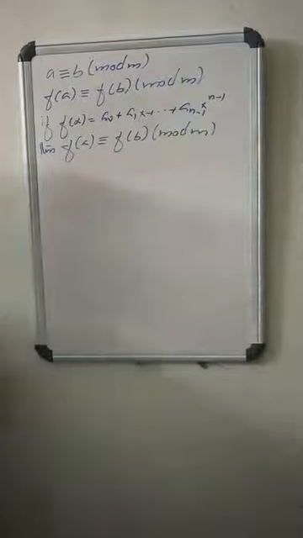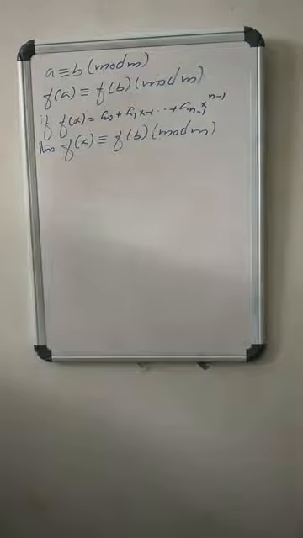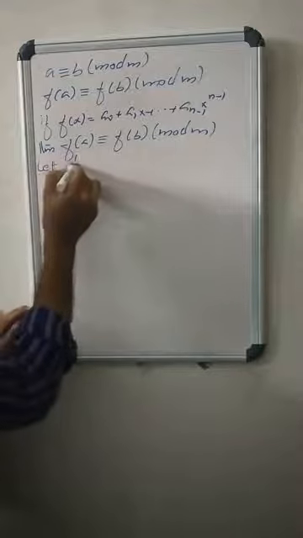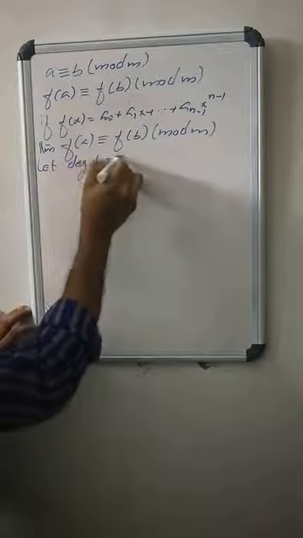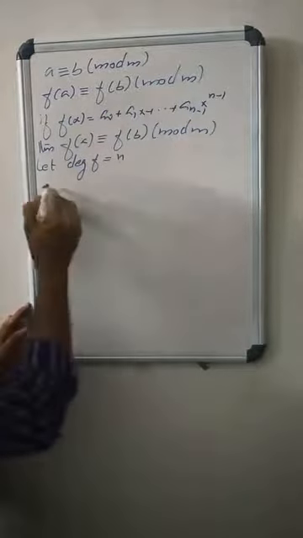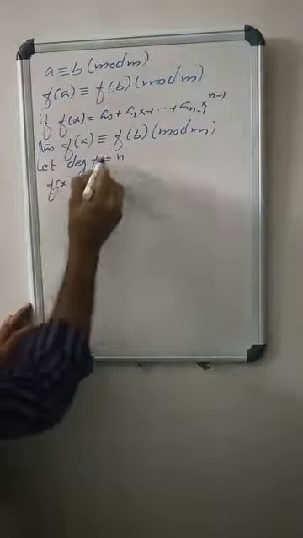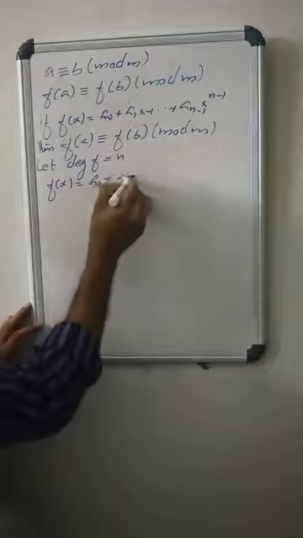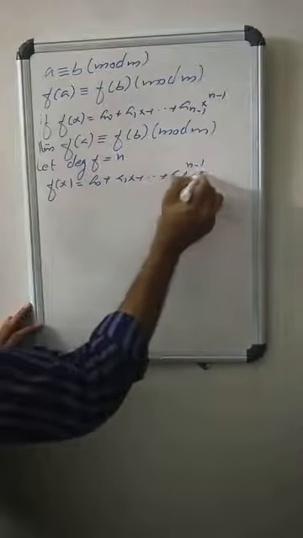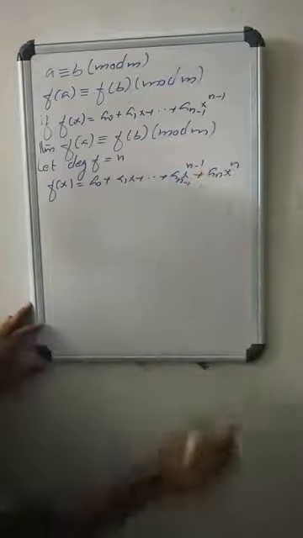Now to prove the result is true for f with degree n, let degree of f equal n. Then f(x) is a0 plus a1x plus etc. plus a(n-1) x to the power n minus 1, plus an x to the power n.